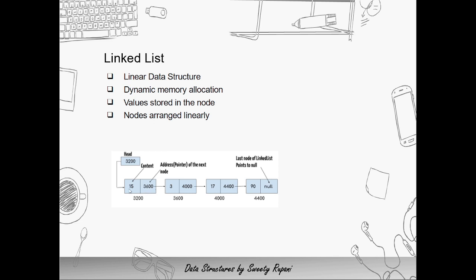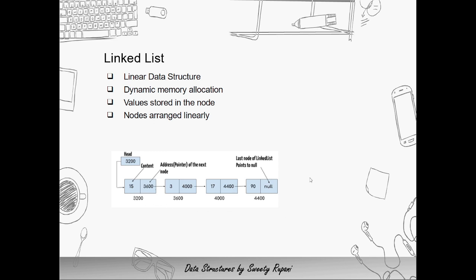So the one who is here in the front needs to keep the address of its next node. Similarly, this node will keep the address of its next node. When there is no one after a particular node, we store null. So the address part of that node would be null.